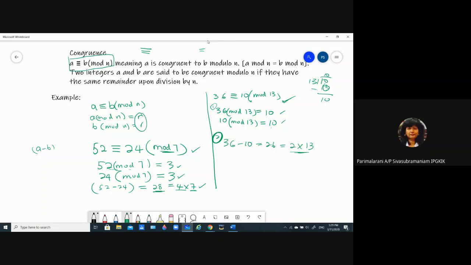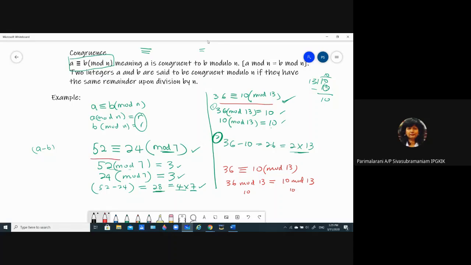So in other words, 36 is congruent to 10 mod 13 also means that 36 mod 13 is equal to 10 mod 13. This remainder is 10. This remainder is 10.